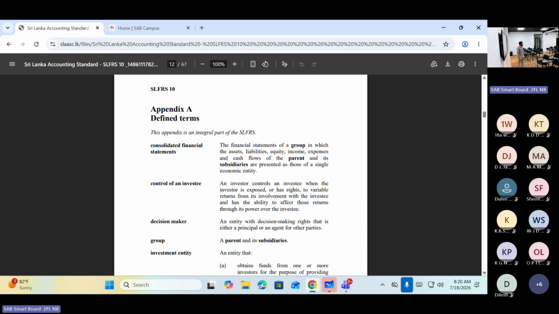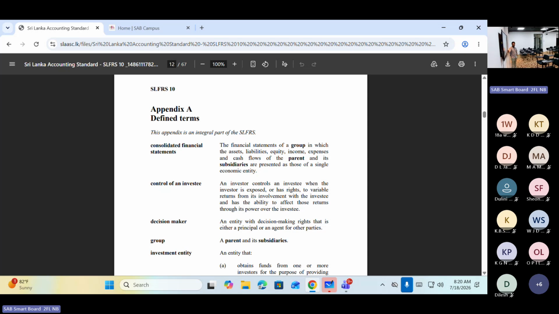We had a note for consolidated financial statement, right? We discussed this definition. What is that? We are going to present financial statements of a group of companies, right? What's a group?